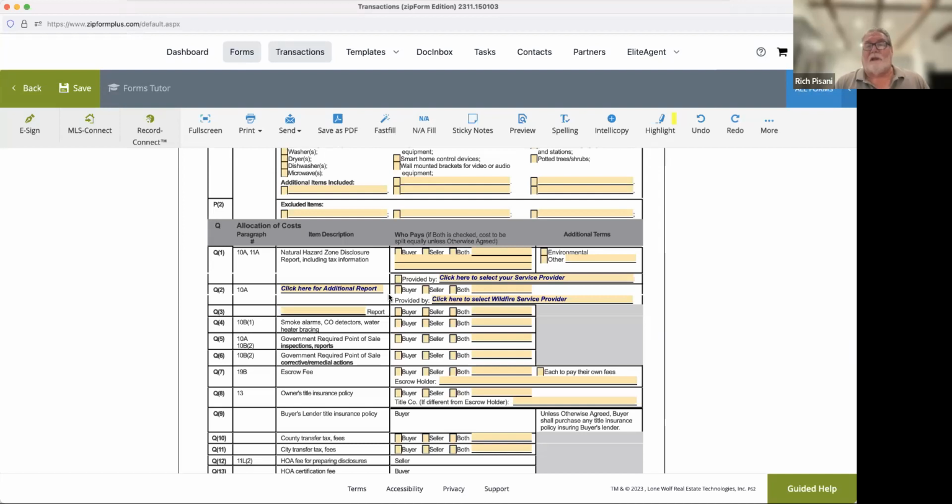The seller is going to pay for a termite report. Termite should never be in the RPA, because then the lender is going to want it to be a clear termite report. So you cannot negotiate for, we'll do the work later. You can't do that, because the lender is going to insist that it's cleared.